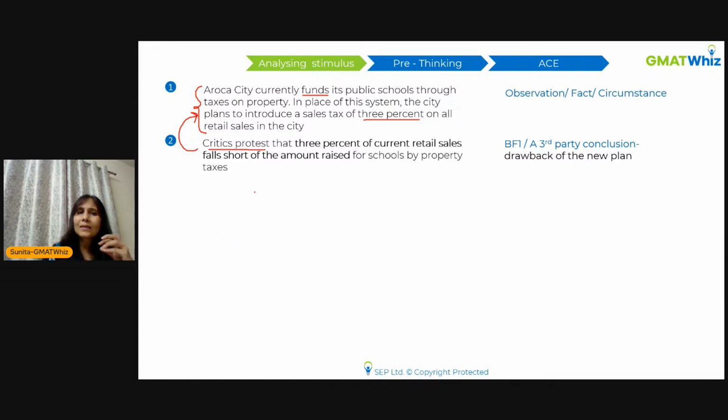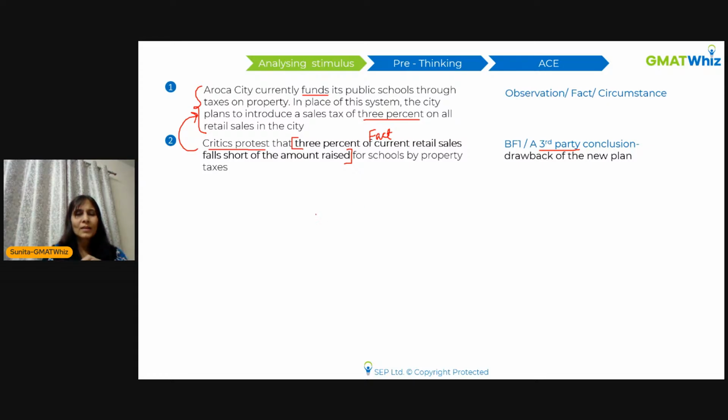Now, sentences like these, where only part of the sentence is in boldface, you need to analyze that part separately. For example, this entire sentence is a third party conclusion. However, if I only look at the boldface, this is a fact. 3% currently falls short.